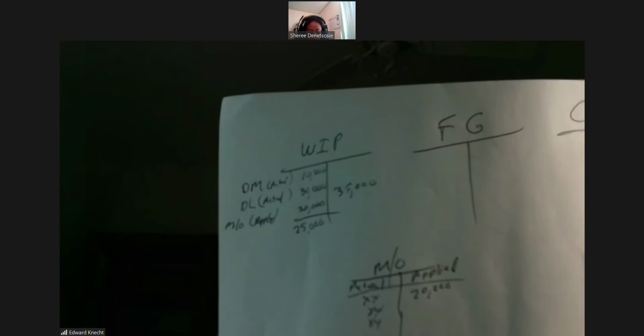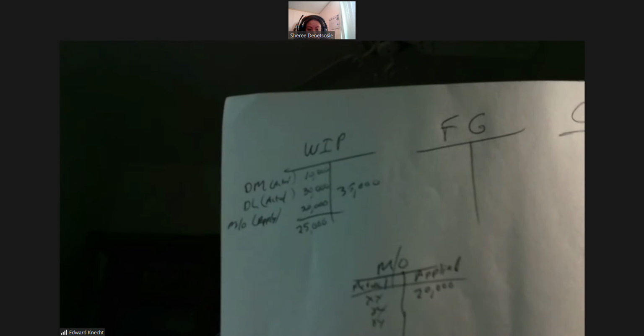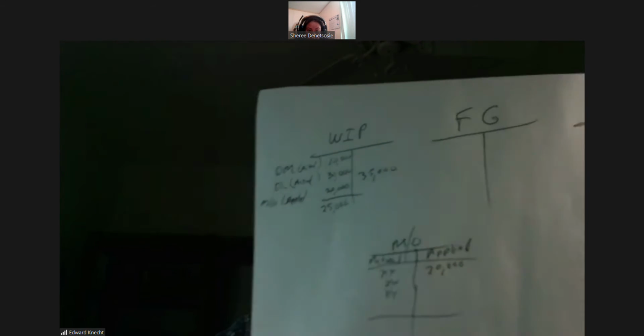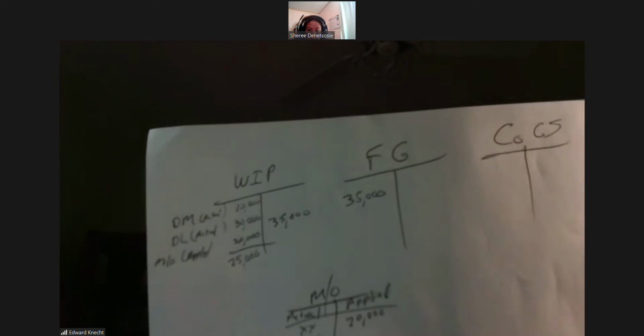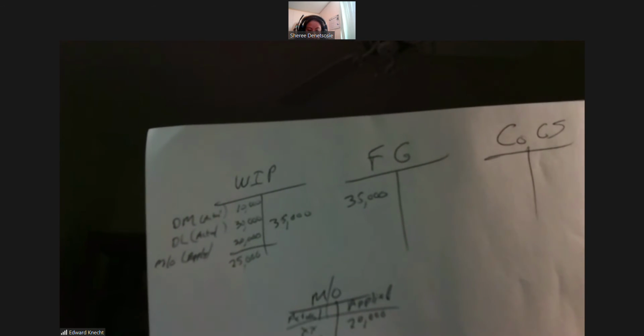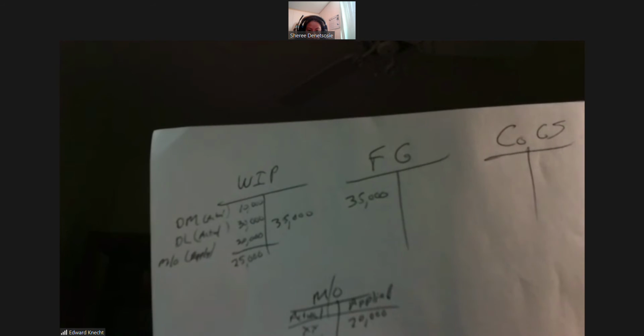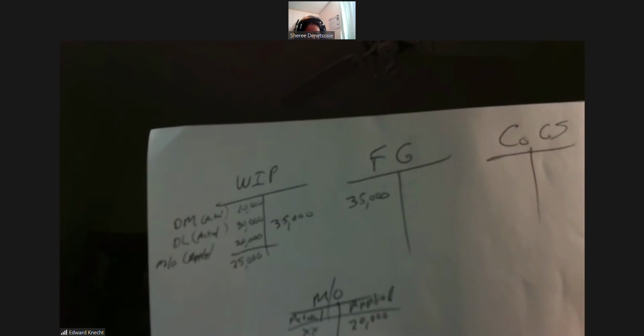We completed, can you see the $35,000? So it's no longer in work in process. It got put into finished goods inventory. So do you see the debit to finished goods and the credit to work in process? Those costs are no longer being worked on. Those costs are now in a finished good sitting, waiting to be sold.